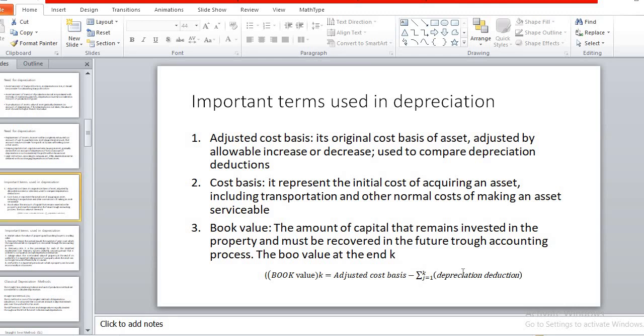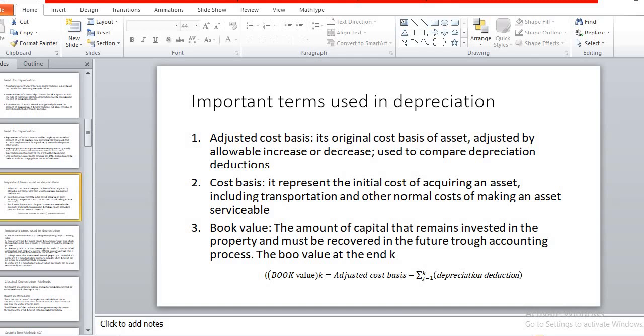The second one is cost basis value. It represents the initial cost of acquiring a particular asset, which also includes transportation charges and other charges, such as municipal taxes.